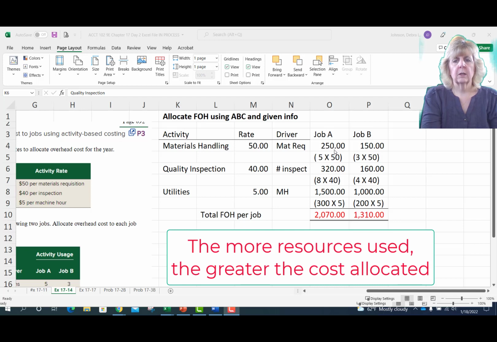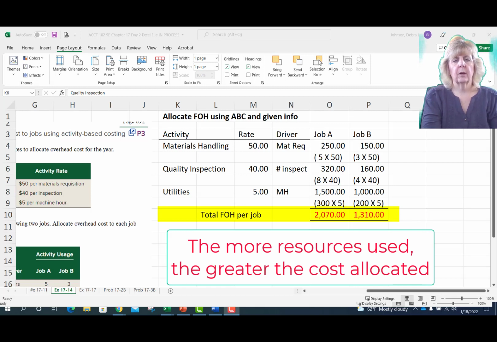Quality inspections, one job took half as many inspections as the other. So as you'll see, job A got the lion's share of the inspection costs. And finally, the utilities were also more expensive on job A. Check out your math and compare your answer to mine.